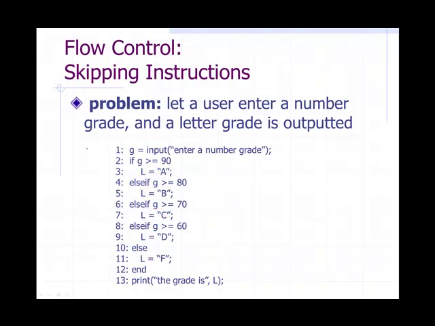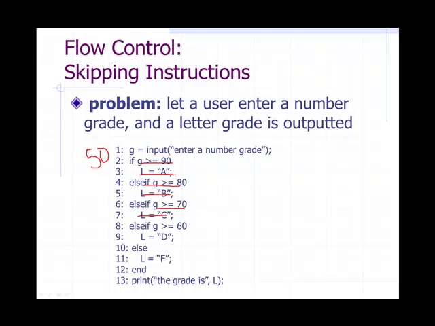Now let's say we typed in, say, 50, for example. So 50 is G. If G is greater than or equal to 90, that's not true, so it's going to skip this. Else if G is greater than or equal to 80, that's not true, so it's going to skip this. Else if G is greater than or equal to 70, that's not true, so it's going to skip that.